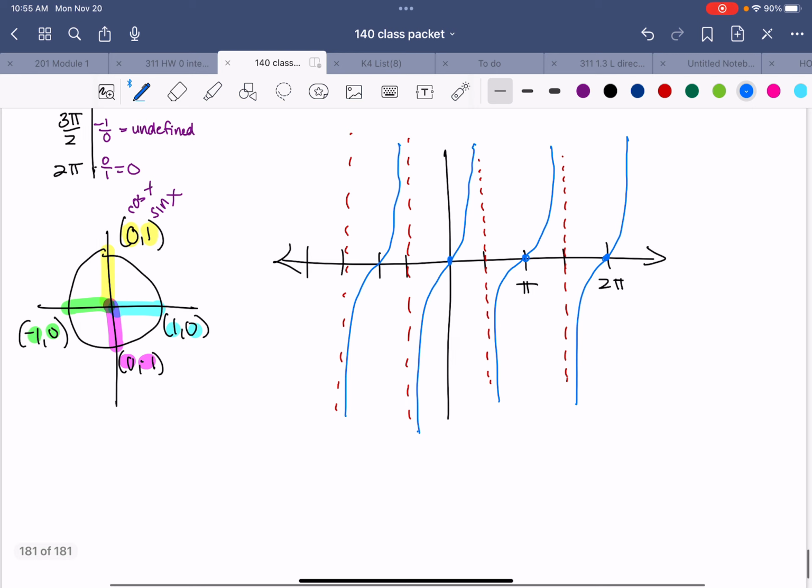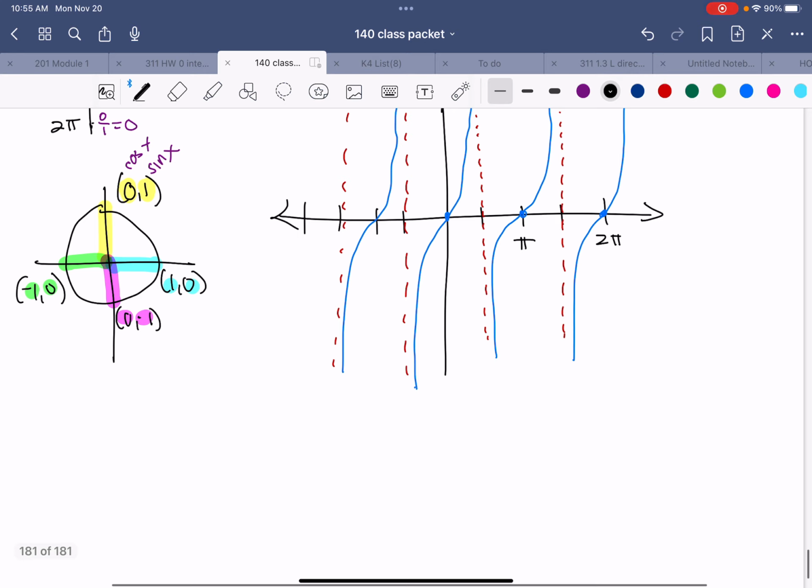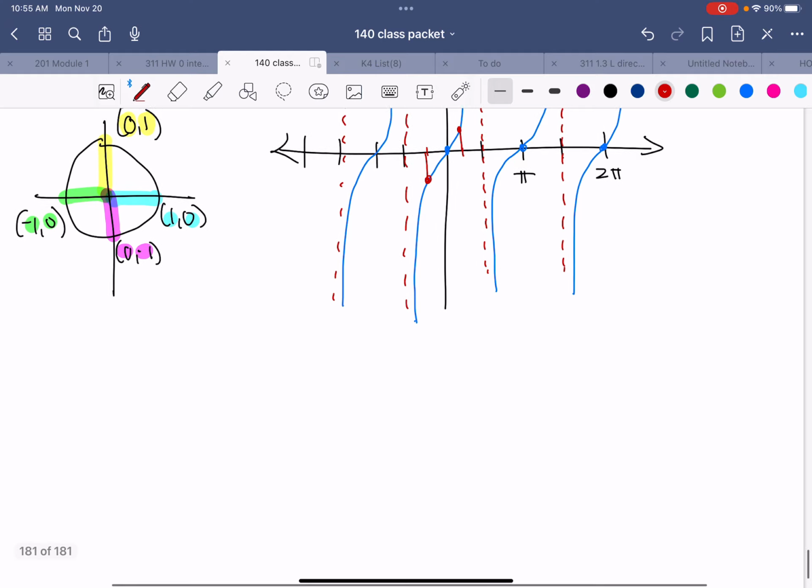Notice, is tangent odd or even? Well, it's not symmetric. If I folded it along the y-axis, it's not. But if I folded it down and then over, then it is, right? So opposite here. So if I went here, I go up. If I go the same place across here, then I go down. So they're opposite values.